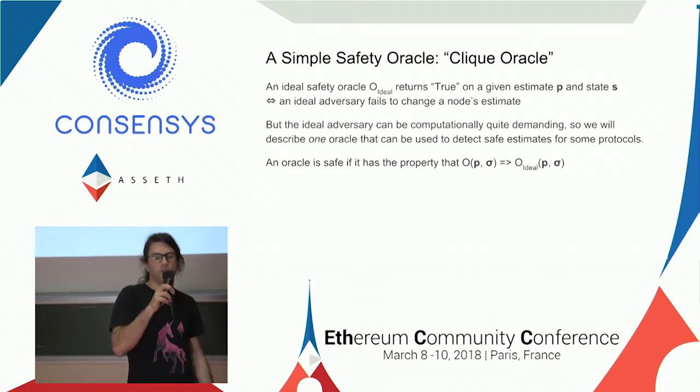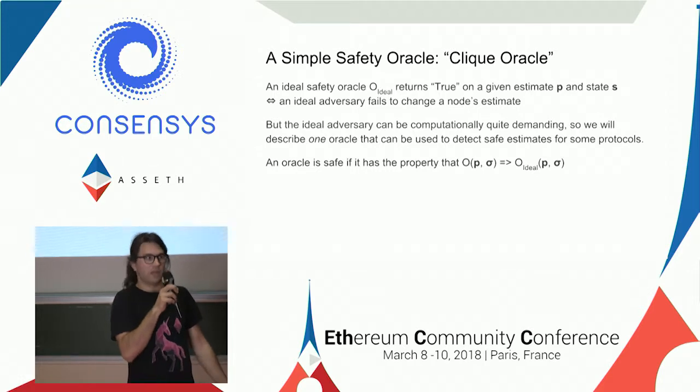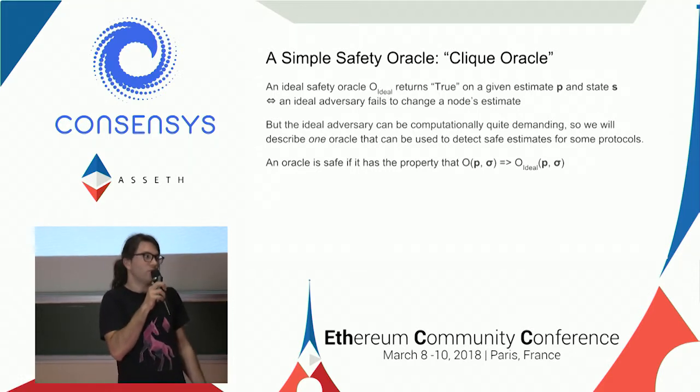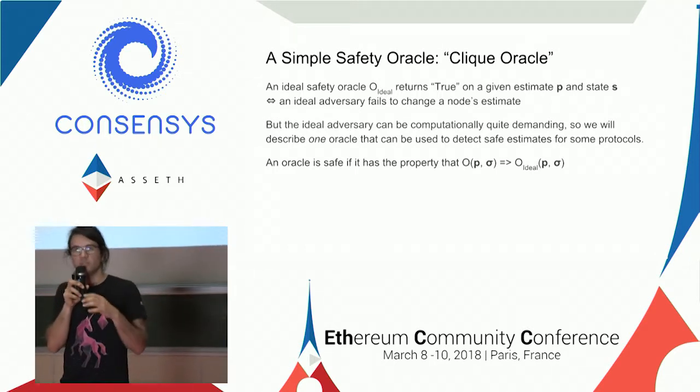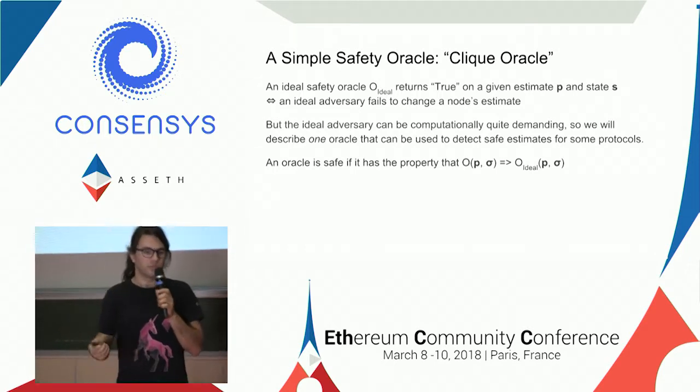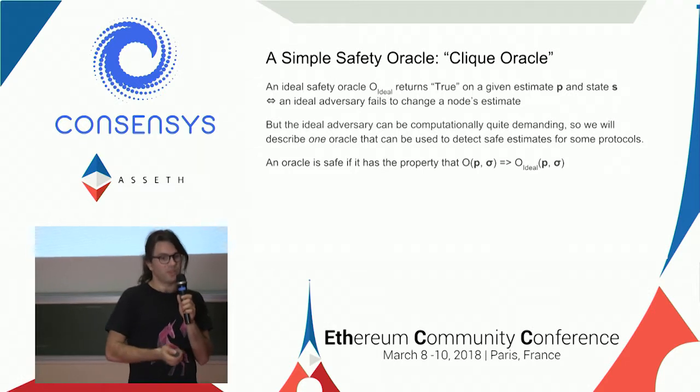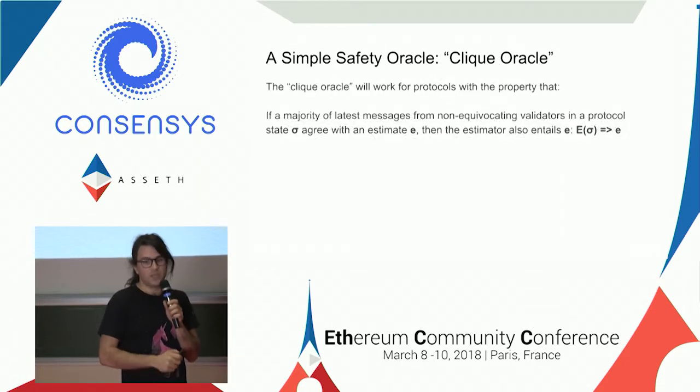And so what we look for instead is oracles that are lower bounds to the ideal oracle, oracles where whenever they say we're safe, we're actually safe, but which are much easier to compute, and which in practice detect safety plenty of the time.